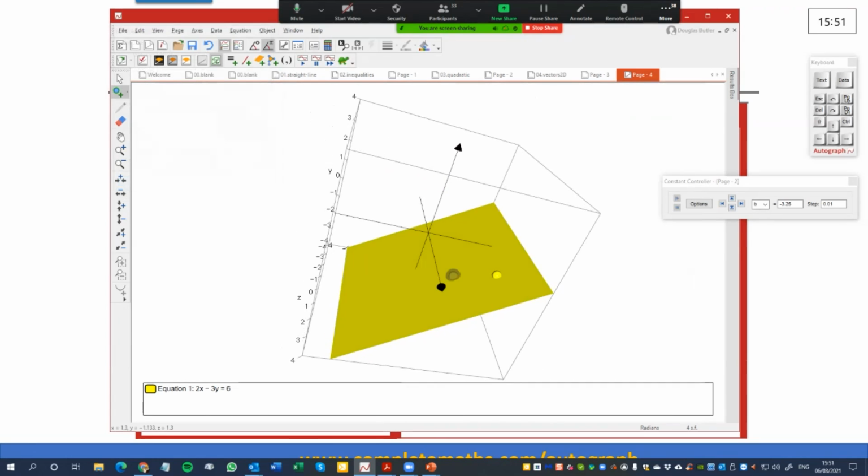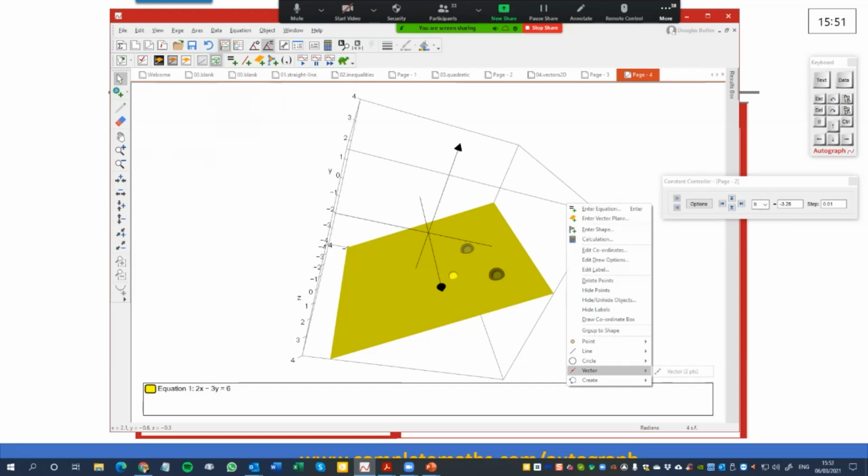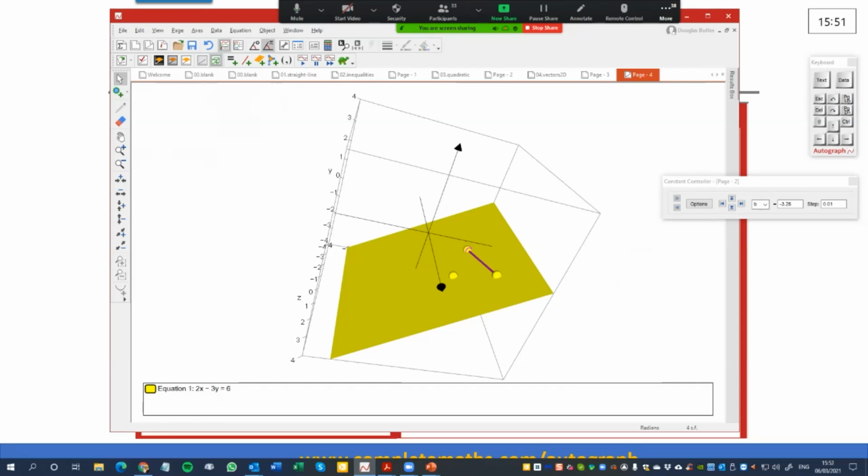So if we now put 3 points on that plane and do a vector from here to here, right click, vector, 2 points, here to here, right click, vector, 2 points.